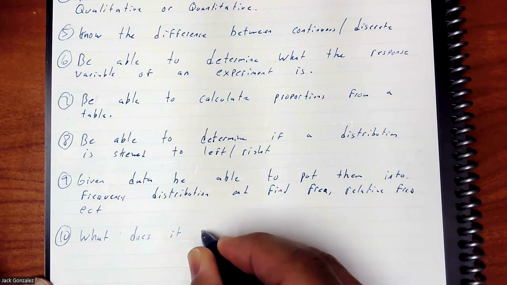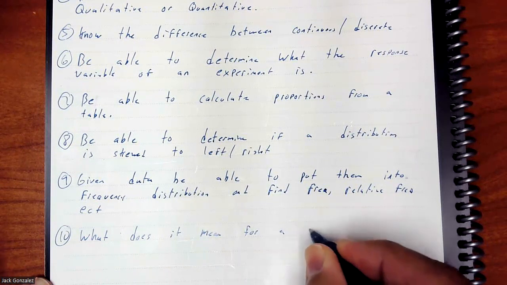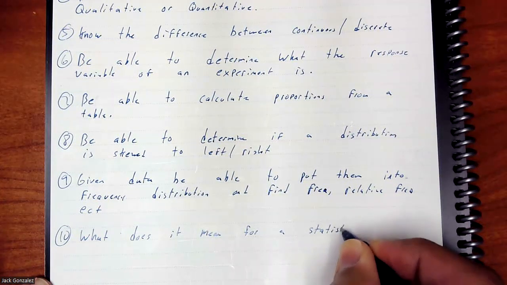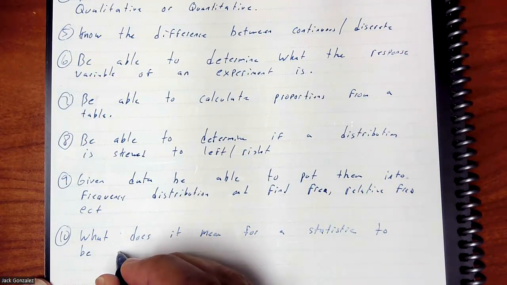What does it mean for a statistic to be resistant?